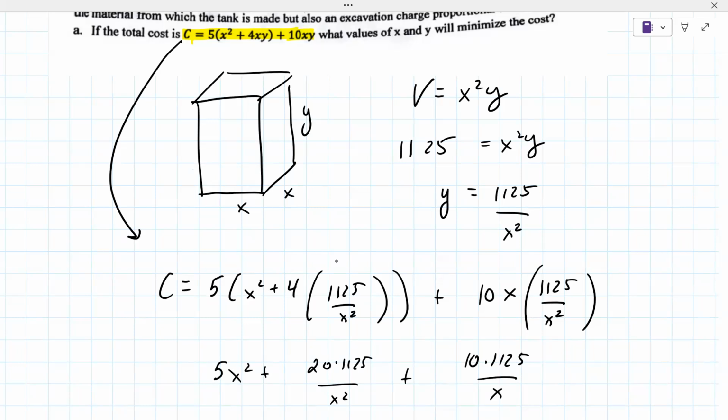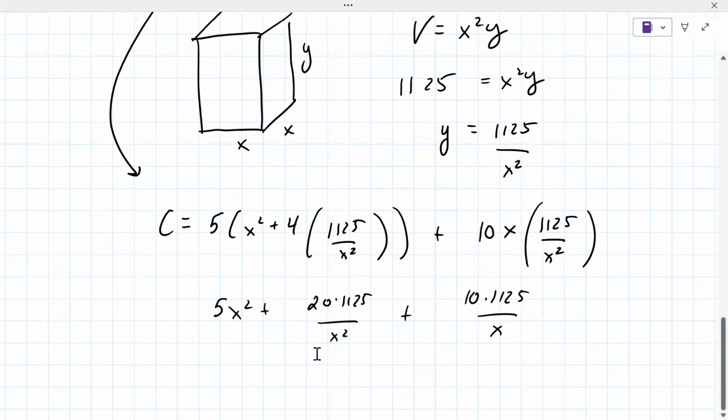Because the next thing we're going to do is take a derivative and set it equal to 0, but this one probably can't be solved by hand. So I multiply 20 times 1125. That's not super important. We got to take a derivative next, though.